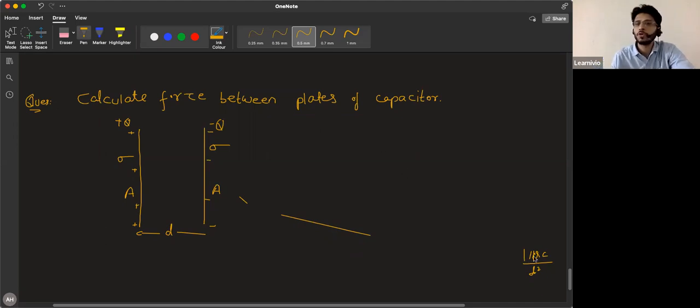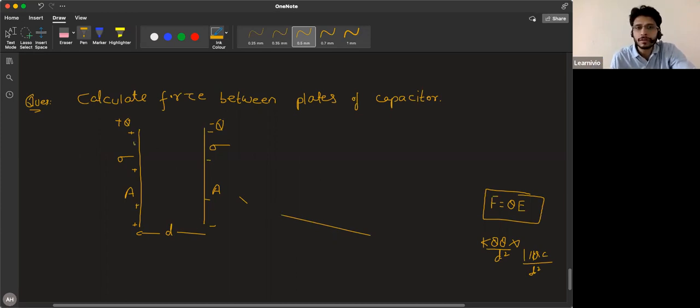Coulomb's law is valid only for point charges, so QQ by D square is not valid in this case. But you can use this expression: force is equal to QE. Force is charge multiplied by electric field. Coulomb's law is not valid, but F equals QE is always valid.